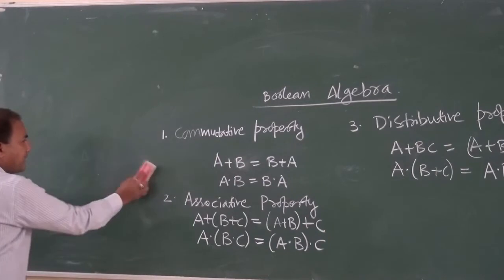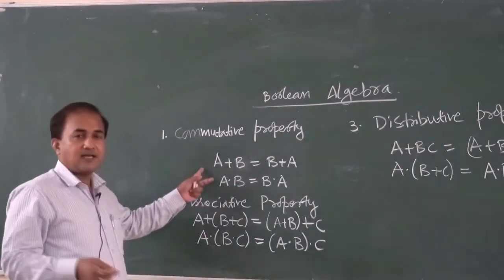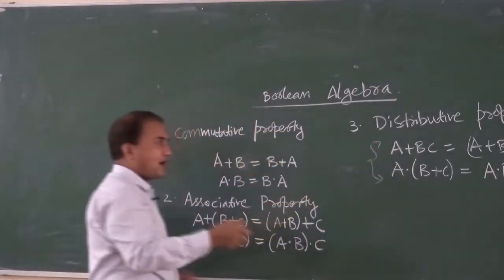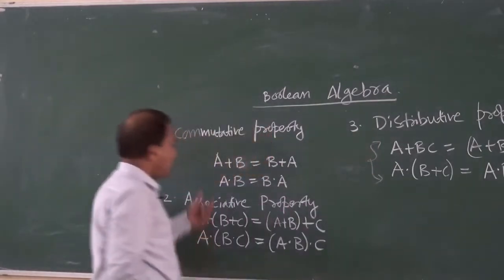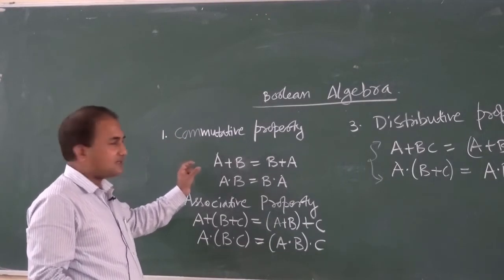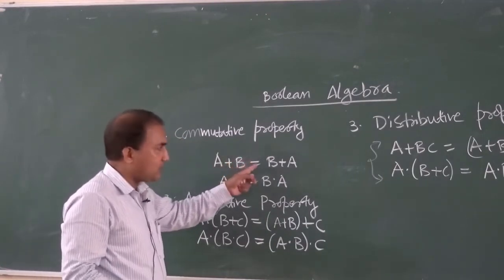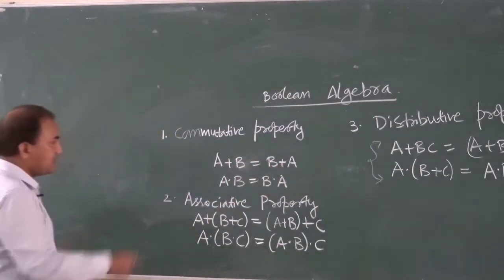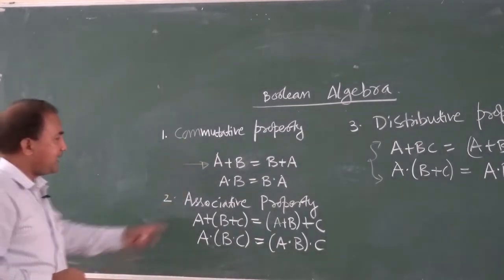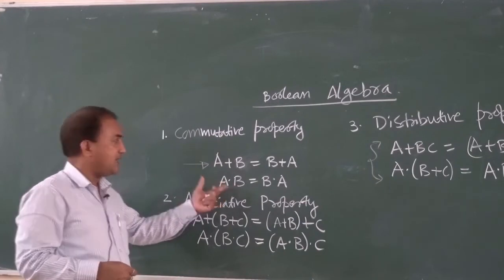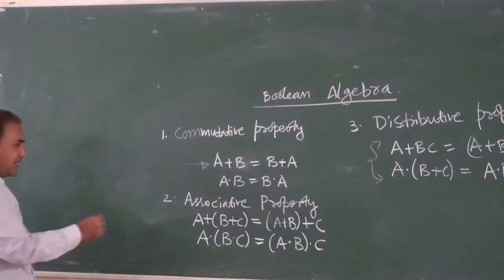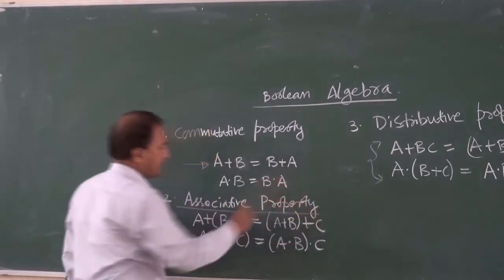You can verify these properties by using a truth table also. First is the commutative property. Suppose A and B are the two variables, then A plus B is equal to B plus A. This is for addition. Similarly, for Boolean multiplication, A dot B should be equal to B dot A. Then the second property is the associative property.